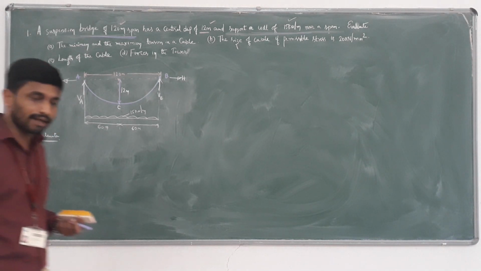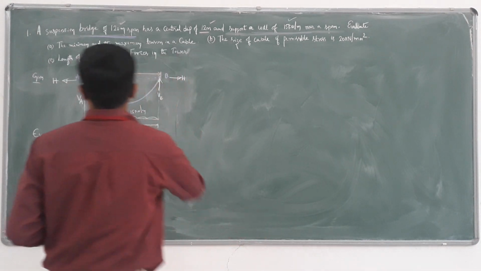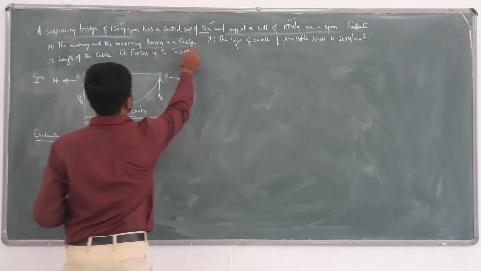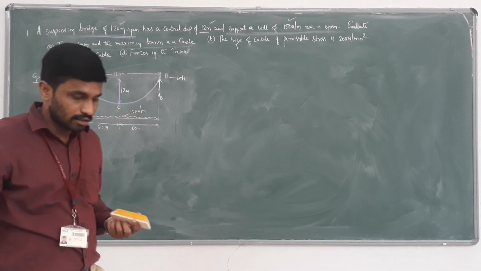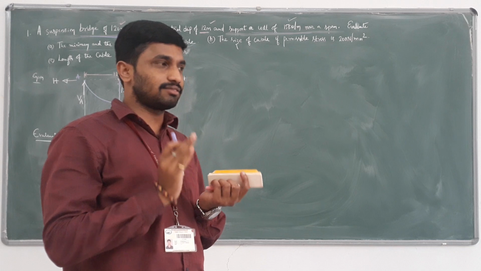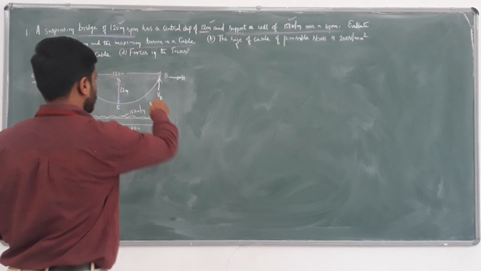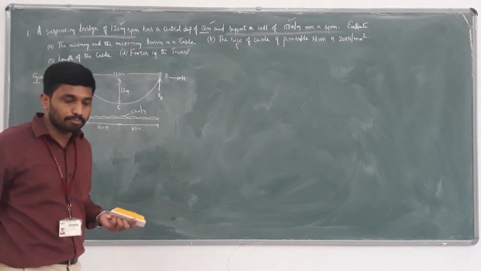We have to evaluate, first, the minimum and maximum tension in the cable. It is asking for the maximum force developed in the suspension cable, as well as the minimum force.